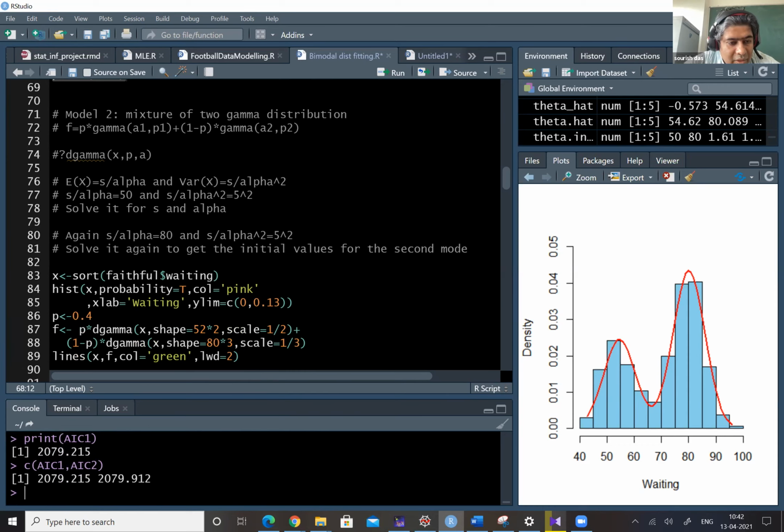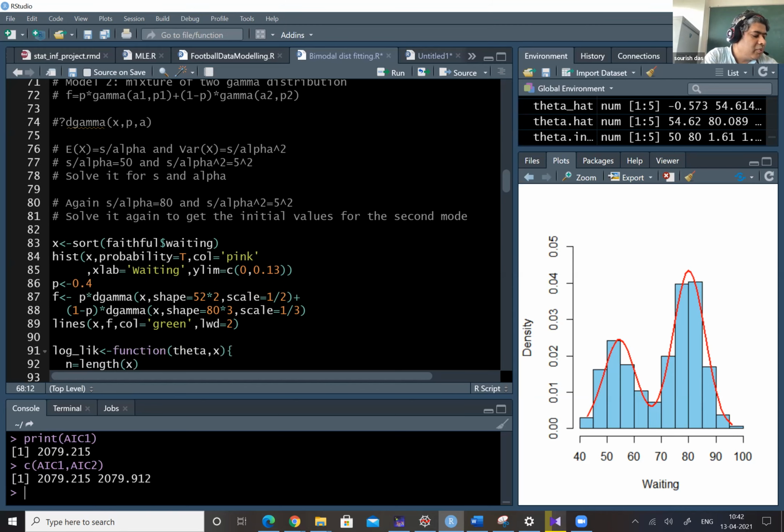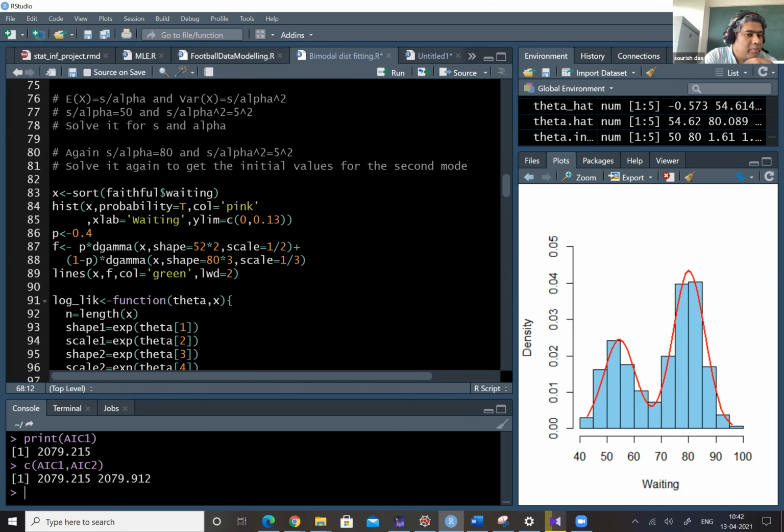Which one is smaller? The first one is smaller, right? So if we have to choose one, probably we'd prefer that one, but both of them are doing equally good. Any idea why both the models are doing equally good?